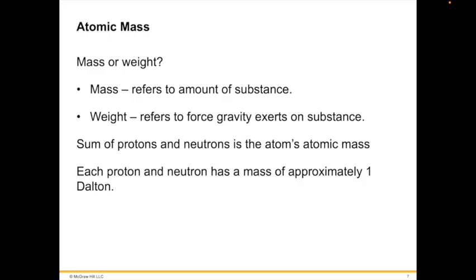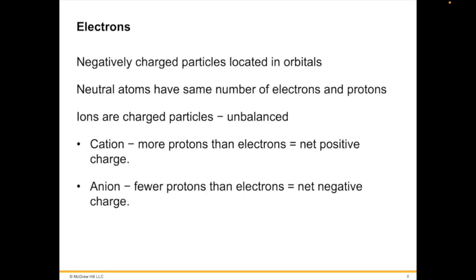In contrast, electrons weigh only 1/1840th of a dalton, so they contribute almost nothing to the overall mass of an atom. The positive charges in the nucleus of an atom are neutralized or counterbalanced by the negatively charged electrons, which are located in regions called orbitals.